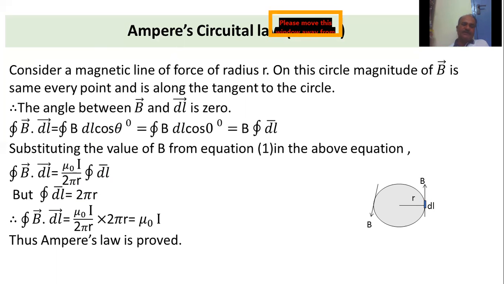So you substitute that value, and we get mu naught I divided by 2 pi r times 2 pi r. The 2 pi r cancels, and this is equal to mu naught I. So hence Ampere's law is proved.